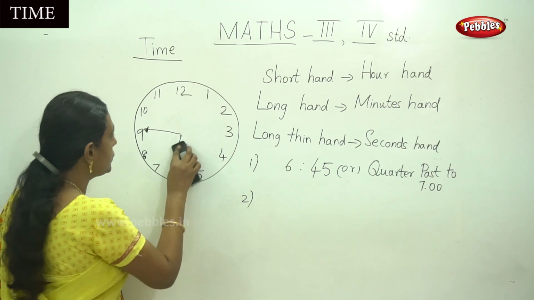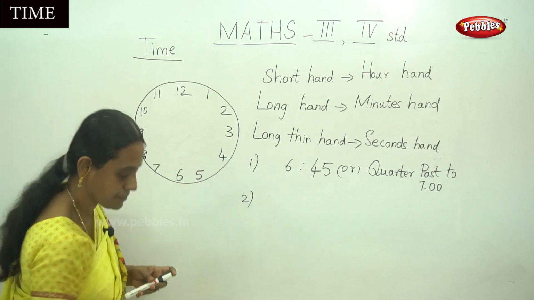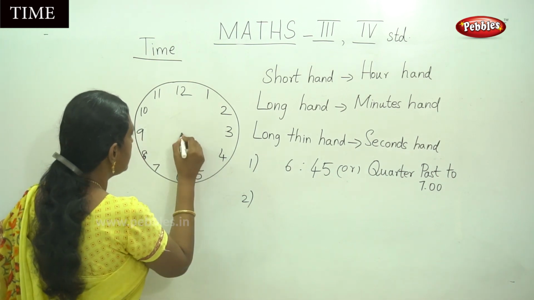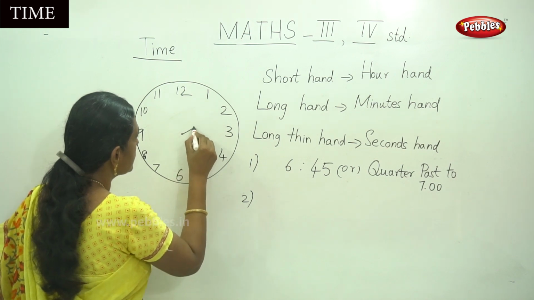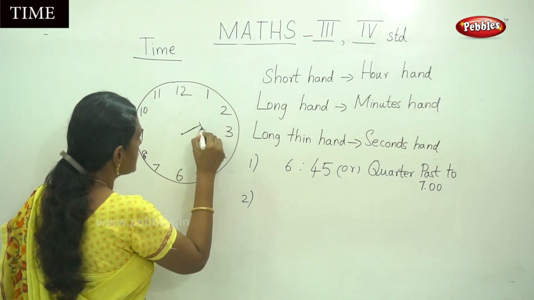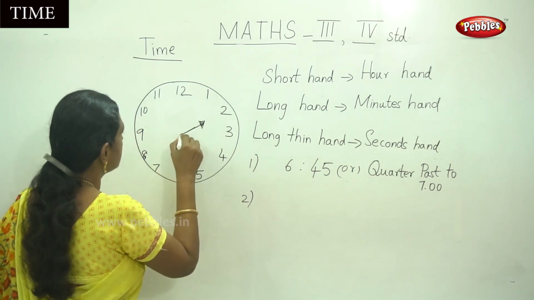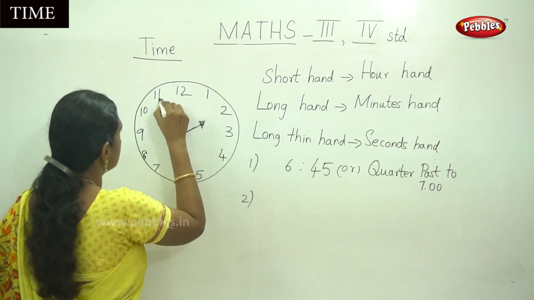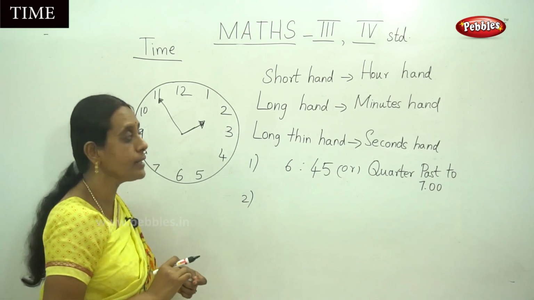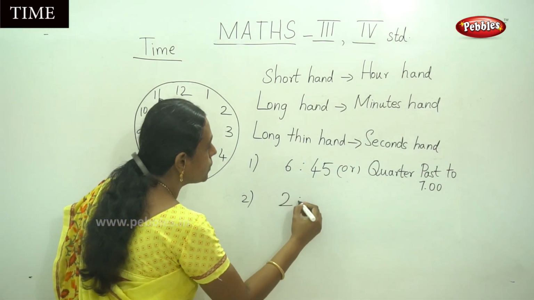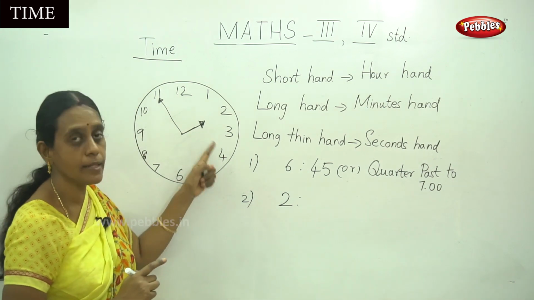Okay, and one more example. Next I am going to draw another clock, and put a center dot. This is the shorthand, and this is the longhand. First write down the shorthand hour, that is 2. Always you must write the first number, that is the hour hand number.